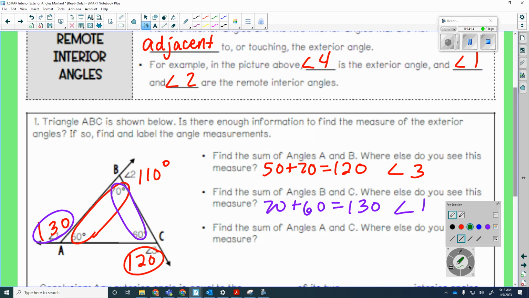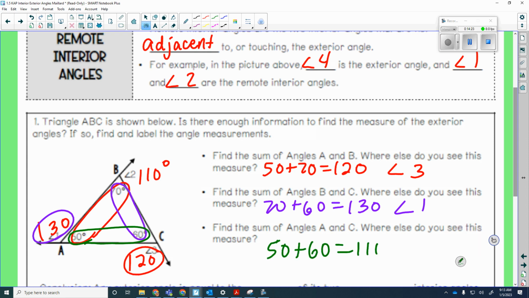A and C are, I can't see those numbers anymore, I've marked them up. 50 plus 60, which is 110. And where do we see 110? The one that's opposite from there sticking out. Do y'all see that? That external angle? Angle 2.